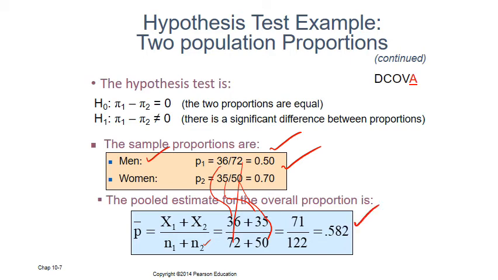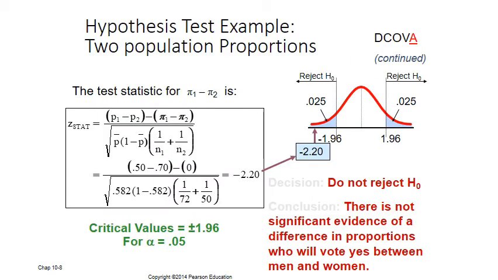So p bar is this. We substitute the values into the formula and get a z statistic of minus 2.20, and for 95%, or alpha 5%, in case of two tails, z critical is 1.96.